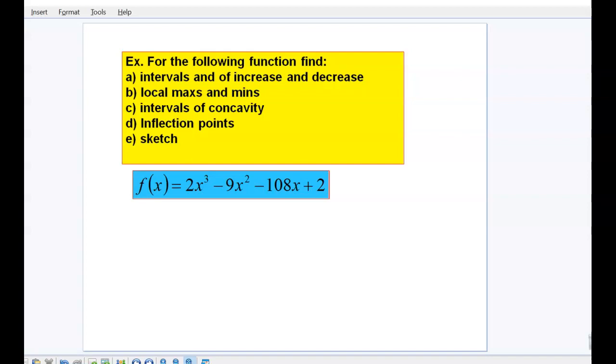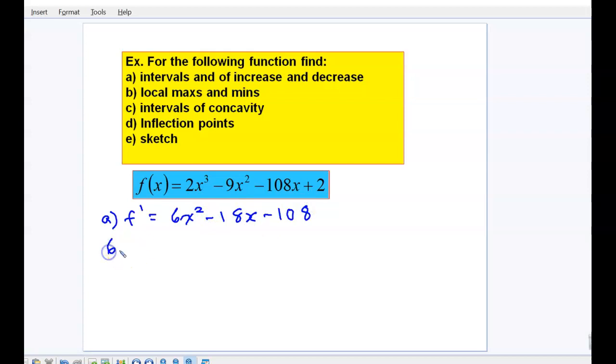So if we start here, for parts A and B, I'm looking for intervals of increase and decrease, so the first thing I need to do is take the first derivative. My first derivative is going to be 6x squared minus 18x minus 108.